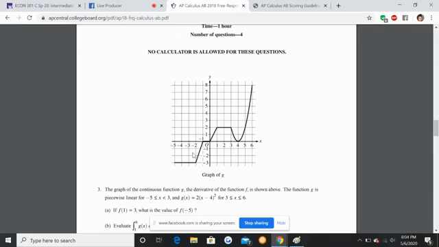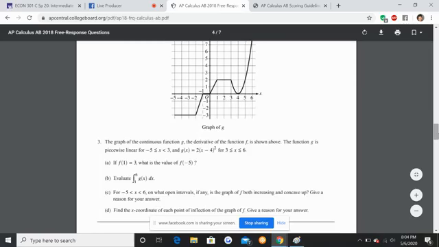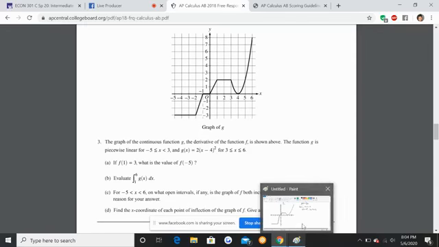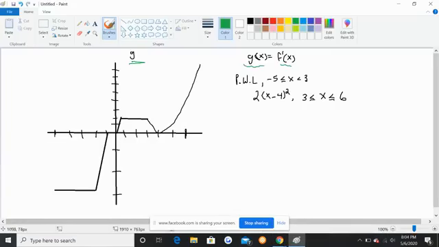And our first question here is that if f of 1 is equal to 3, what is the value of f of -5? So we know that g of x is the derivative f prime of x, right? We want to find f of x without the prime, so we need to take the integral of g of x, right?